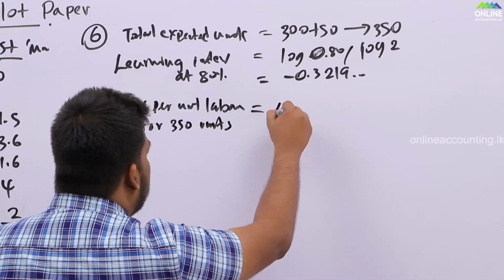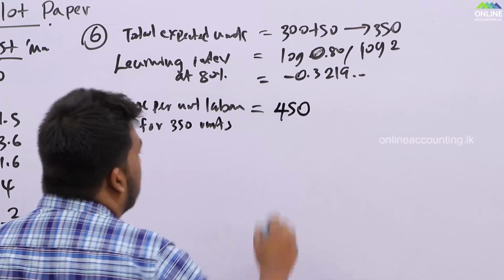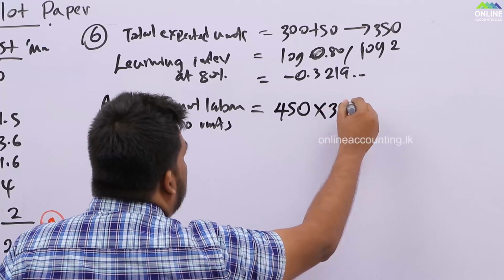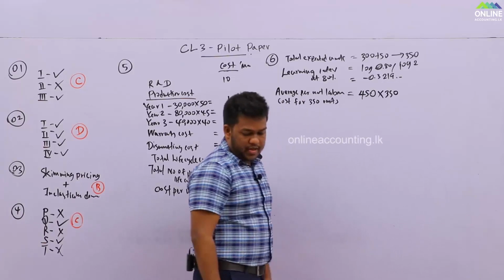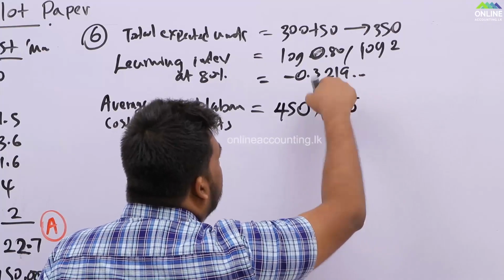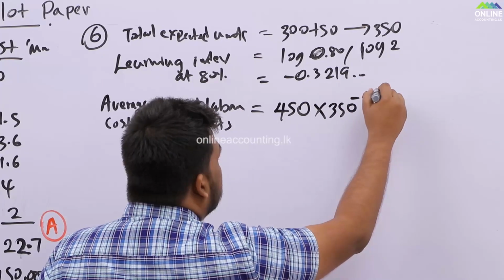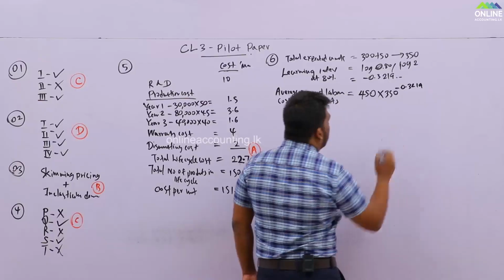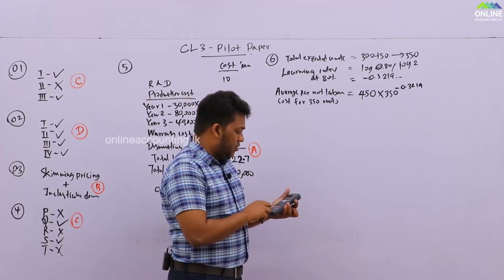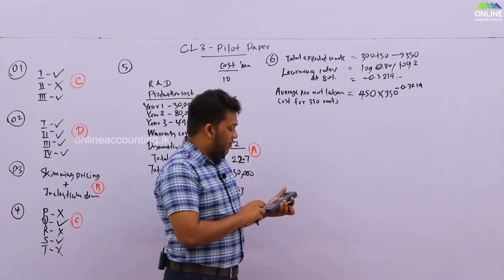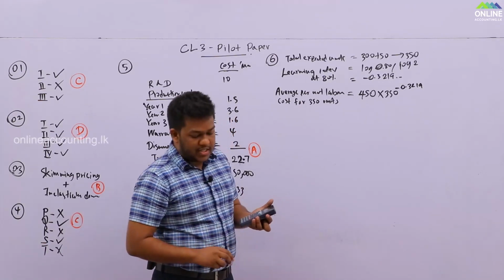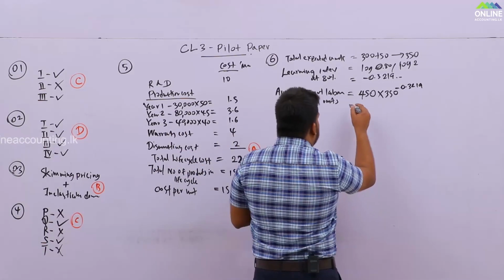This is the cost and this is the quantity. 350 quantity, this into the power of this 0.3219. So you can get the same answer and get this 450 into 350, the answer into the power of the answer you got, that is 68.26.